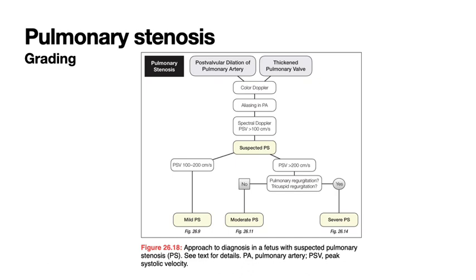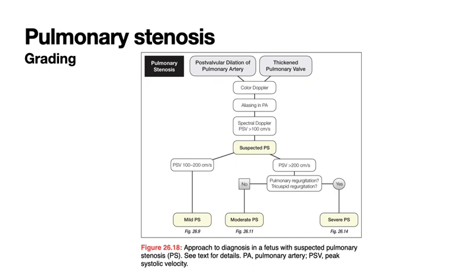So, in general, the things that tip you off to pulmonary stenosis are the post-stenotic dilatation of the pulmonary artery. That's usually the one that tips people off. Just because, for the most part, people are not doing pulmonary artery Dopplers for peak velocities unless they're doing an echo, so they're not going to pick it up that way. The way they're going to pick it up is that post-stenotic dilatation.